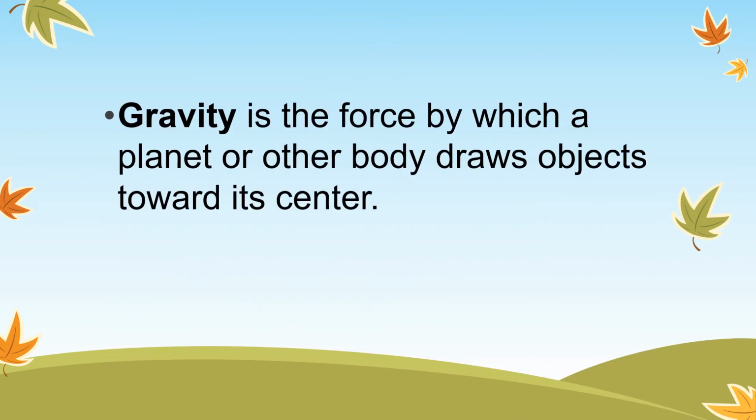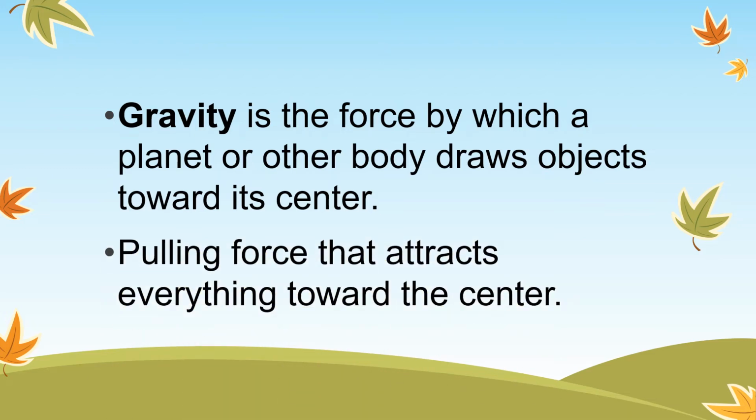So, gravity is the force by which a planet or other body draws objects towards its center. It is a pulling force that attracts everything toward the center. Gravity is a force that pulls everything downward or towards the bigger mass.